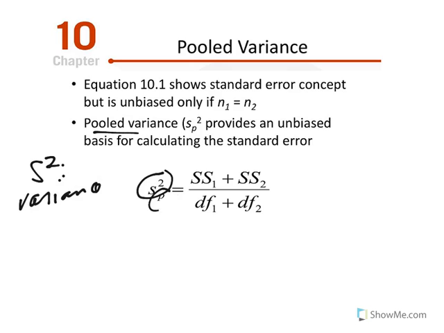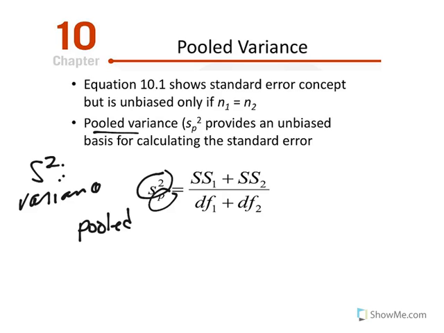And this little p means that it's pooled. And our equation is SS 1, so the sum of square deviations for our first distribution, added to SS 2 for our second distribution, and then divided by the sum of the degrees of freedom.